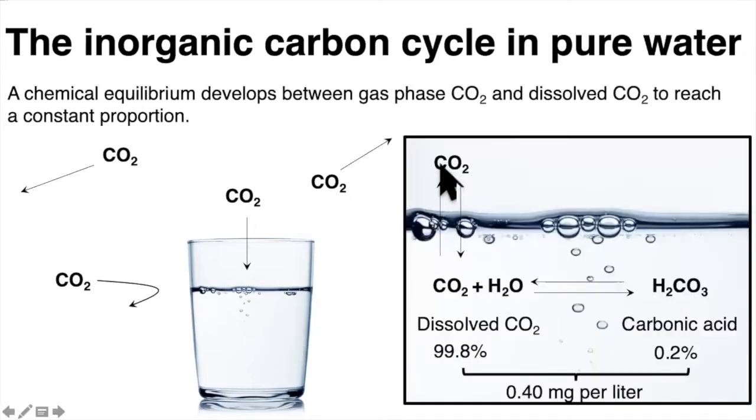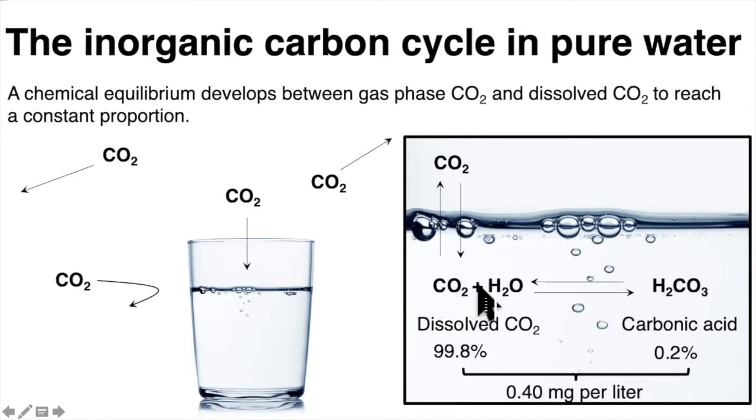Now, once it does, there's two chemical changes that can happen. The first is the transformation of CO2 in a gas phase in air to CO2 in a water phase. It's dissolved CO2. You can imagine the carbon dioxide molecule surrounded by water molecules on all sides, and it's sort of being held in place.